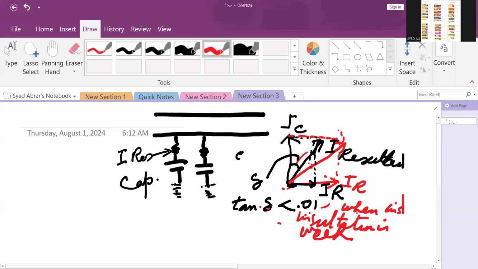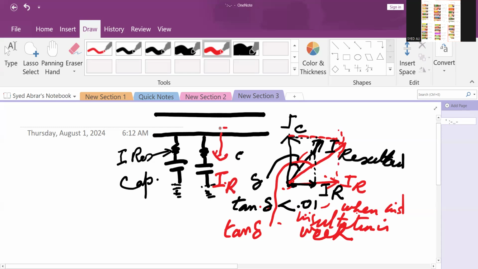Now this new tangent delta will have a higher value. You know, when delta is 0, the tangent delta is 0. So when delta is higher, the tangent delta value will become higher. Now you can see from this diagram that if IR increases, what will it mean? IR increases will mean simply that the current from here has increased.